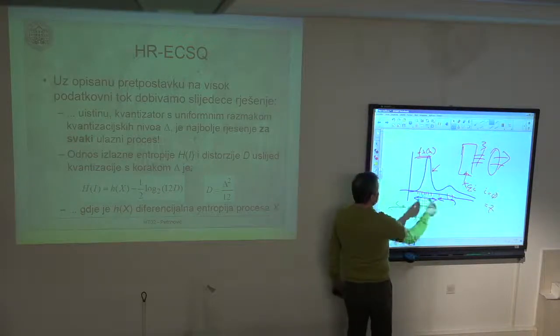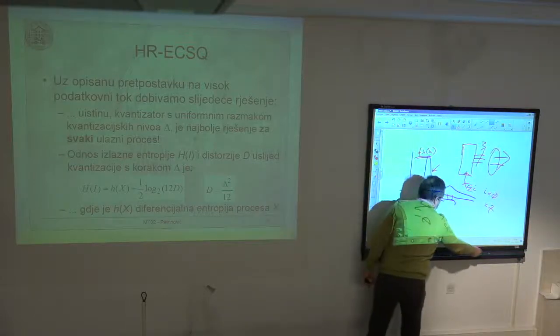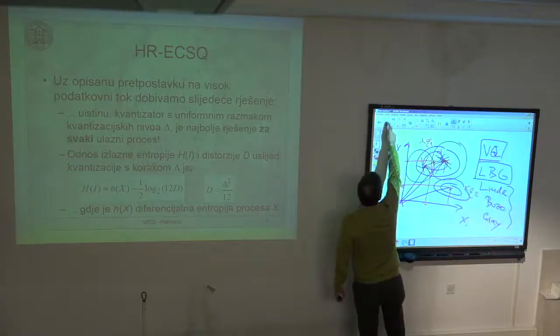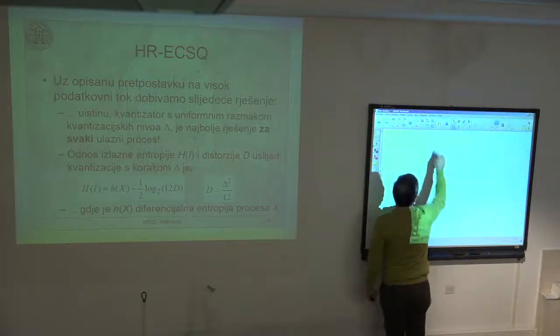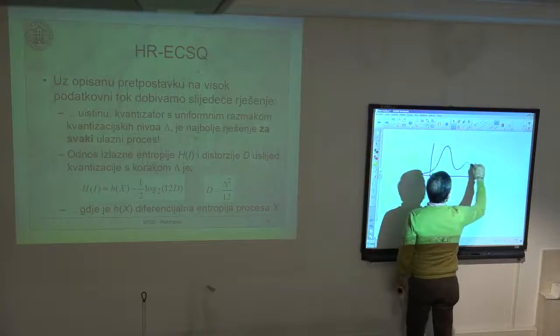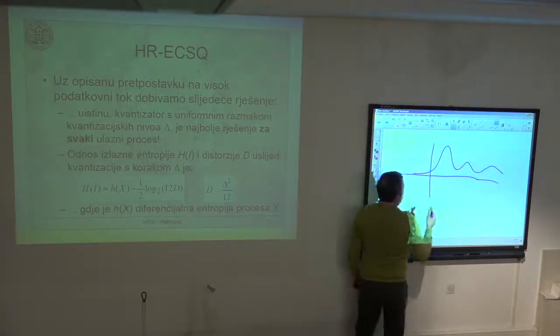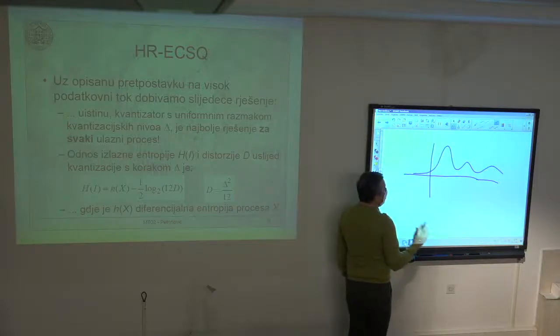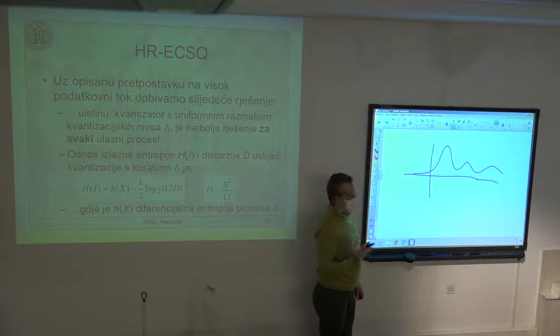Okay, so that is the idea of entropy constraint scalar quantization. So I don't have the constrained number of cells. I have hypothetically infinite number of cells. Okay? And the only thing that is constrained is the output entropy. So that is the only constraint.